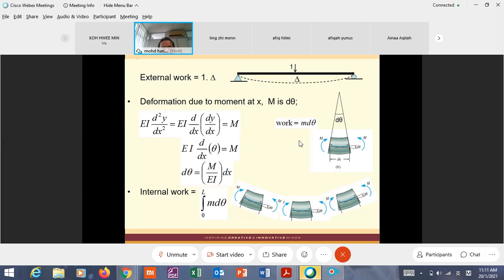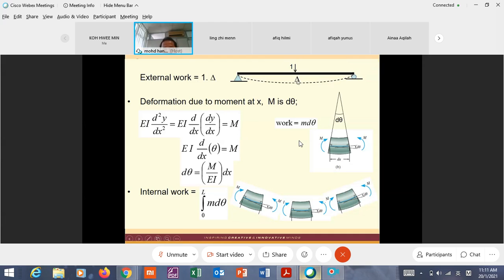Now for the vertical load, the one unit load is at the point where the question asks for the deflection. External work is equal to one unit load multiplied by delta. What is delta?